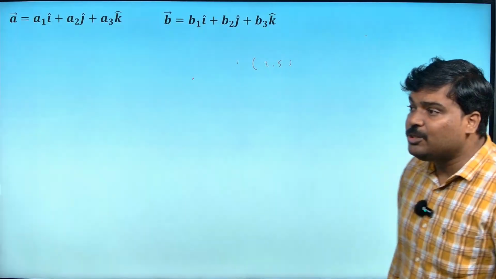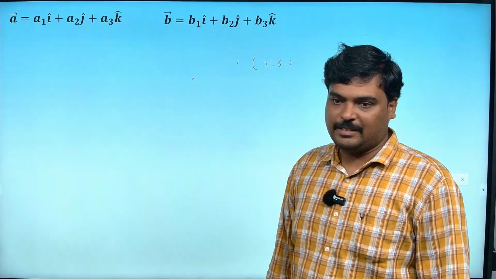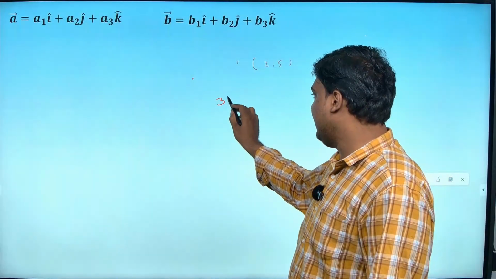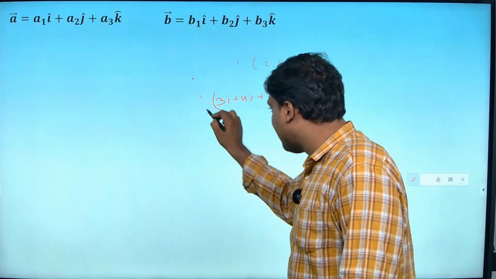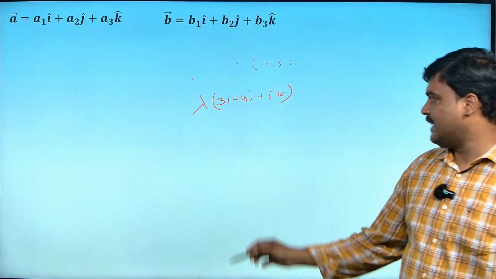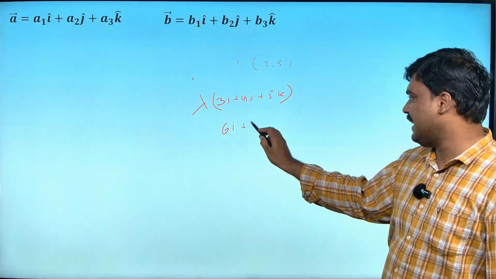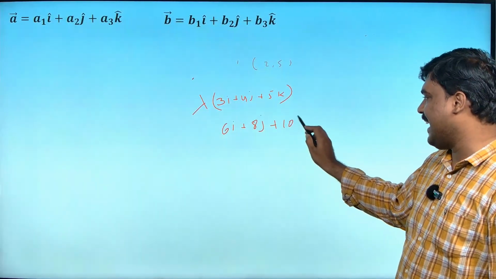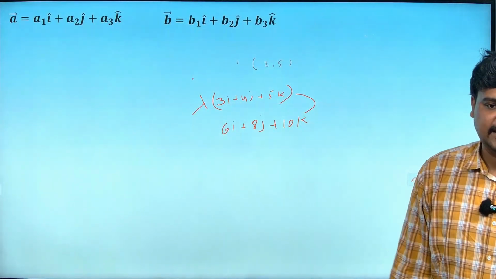Sir, how to know two vectors are collinear? See, if I have a vector 3i plus 4j plus 5k, if anything is multiplied with it, for example, நான் இப்படி எடுத்துக்கிறேனே, 6i plus 8j plus 10k. So what is the difference guys? இந்த வெக்டாரோட ஏதோ ஒரு நம்பர் மல்டிப்ளை ஆகி இன்னொரு வெக்டார் வந்திருக்கு.